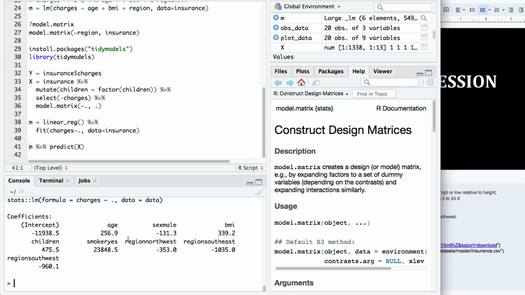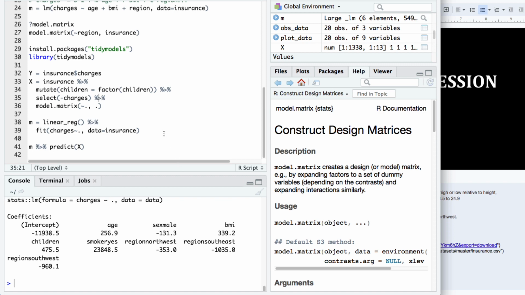Okay. So here you can see the difference is that since I didn't do this kind of explicit control of things, it just treated children as a continuous variable, right? So there's only one coefficient here. It didn't break it up into dummies the way it did for region, because region it did automatically since it's a character. So it doesn't know how to turn that into a number, and instead it just makes dummies, which makes sense.